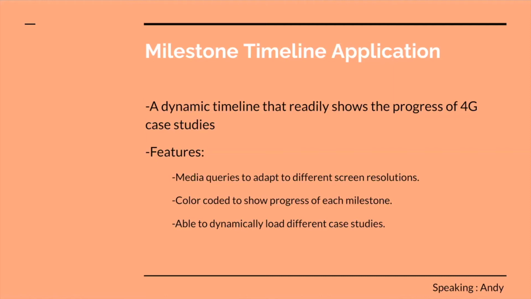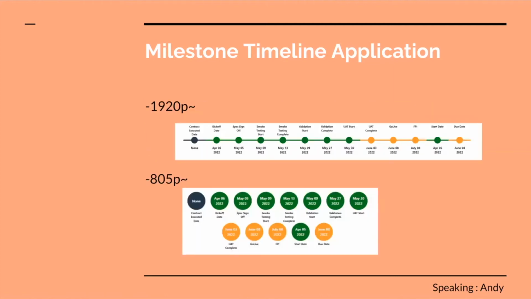And then also, again, it's able to be dynamically flipped through the drop-down menu. And as you can see right here, given like a 1920p resolution, you have a sort of traditional timeline setup. But as it gets smaller, we have it changed to just circles. With that being said, I'm going to pass it on to Michael. He's going to go over to the calendar.